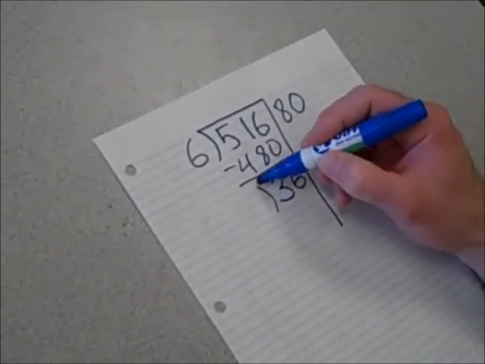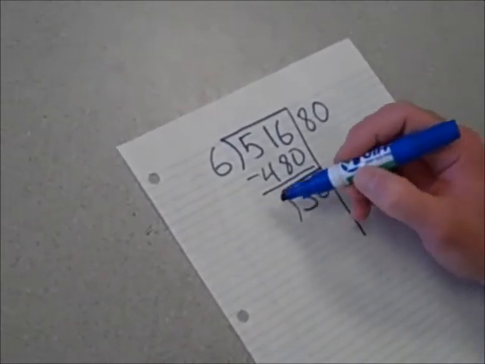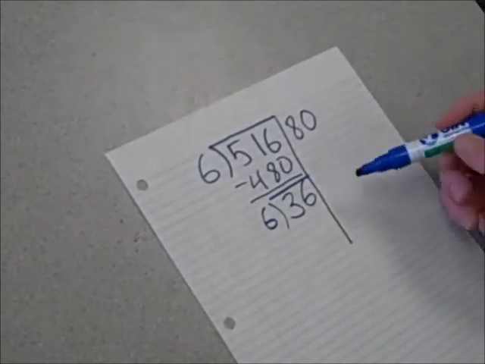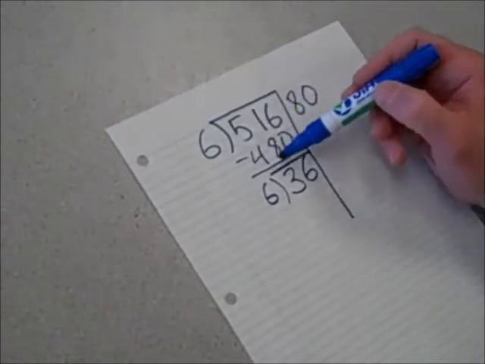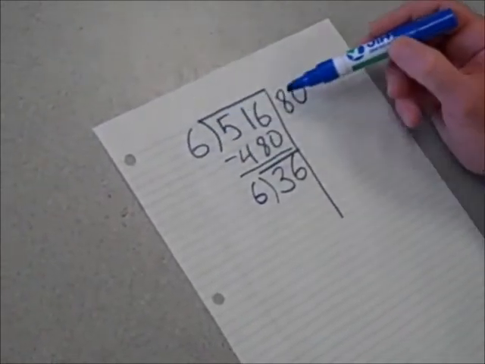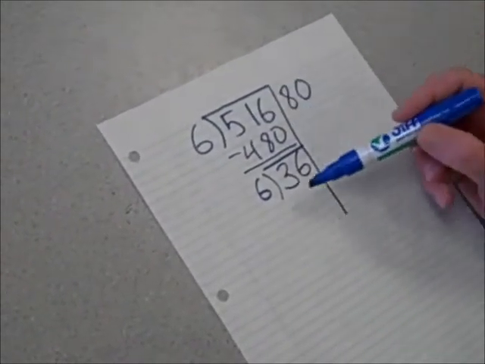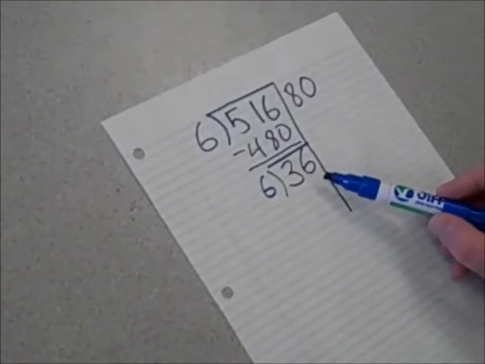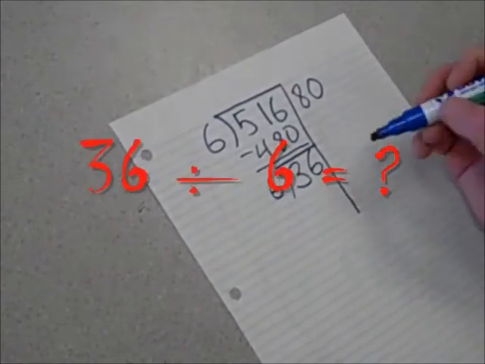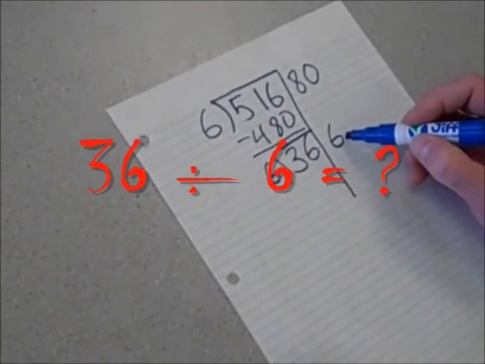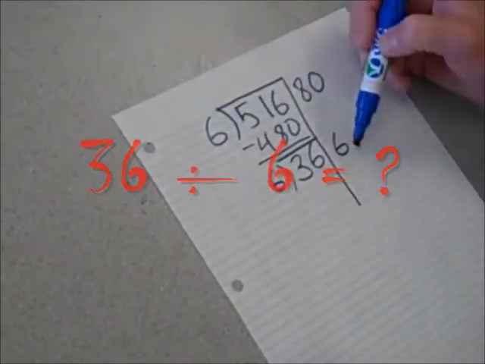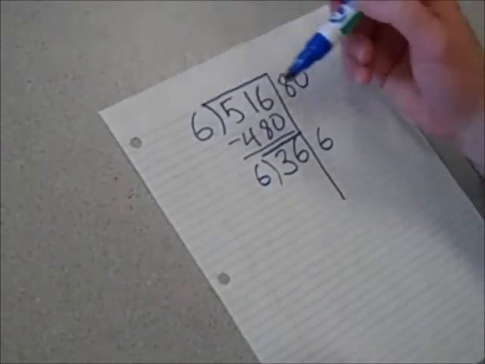Now I'm doing another division question. I've got the 36 that are left, and I'm going to divide them amongst the 6 groups. So I had 516, I distributed 480 by putting 80 in each of those groups, and I've got 36 left. I'm going to divide 36 by 6, and the answer is 6. I'm going to put 6 in each of the 6 groups.